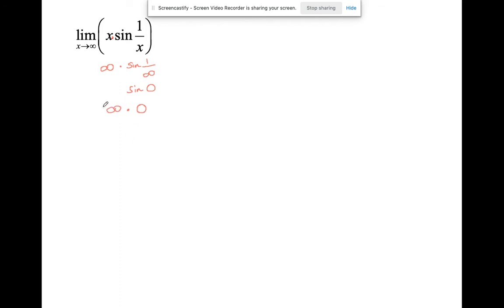So I have the indeterminate form, 0 times infinity, and I've got to backflip that into a fraction. Think about elementary school. If you had 2 divided by 1/3, you were taught that division is the same thing as multiplication of the reciprocal.